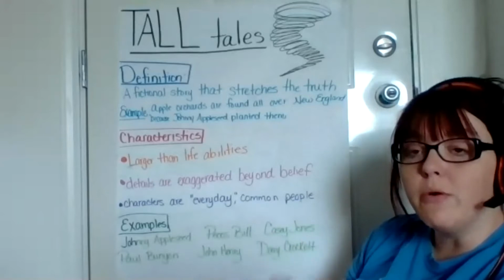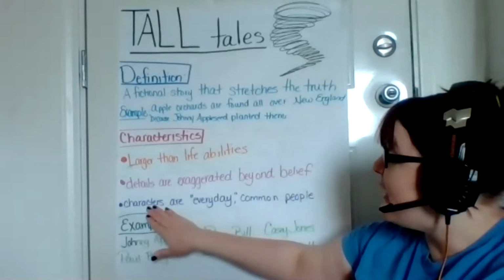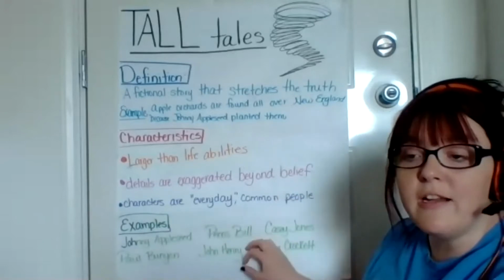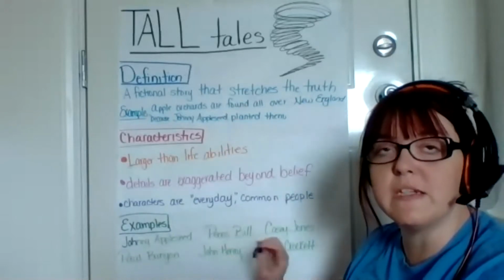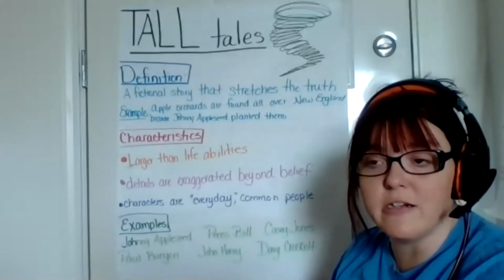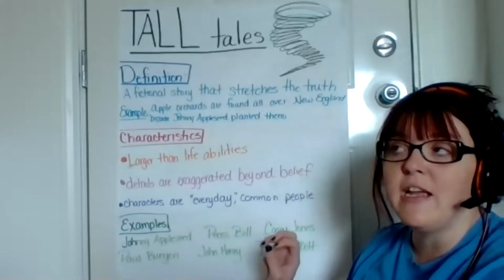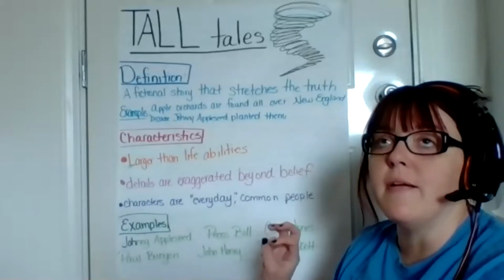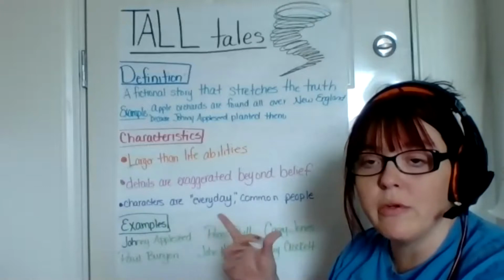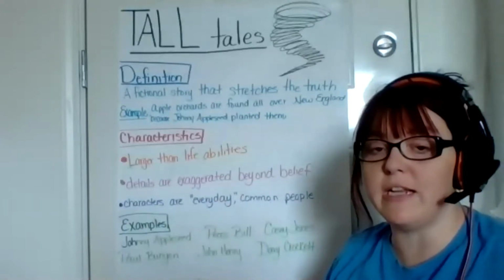And one of the most important ones is that the characters are everyday common people. They're not superheroes. They're not billionaires. They're not fantasy characters like knights and princesses or wizards. They're everyday people like me and you who have these extraordinary abilities.